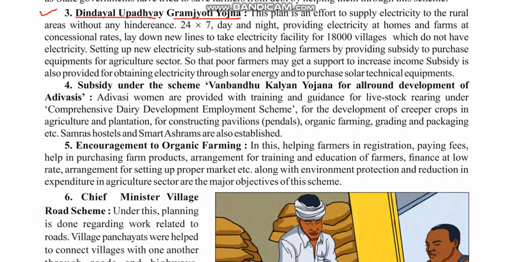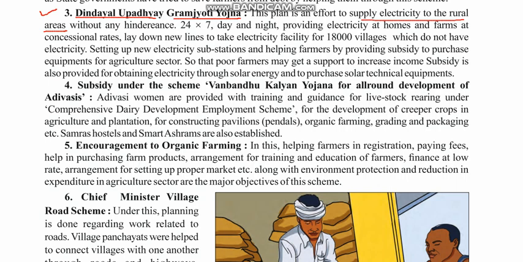There are many villages in India which are still not getting proper electricity connections, and a lot of states have compulsory and regular power cuts. So the government is planning under this scheme to connect as many villages as possible with the power grid, and to give them electricity 24/7. This plan is an effort to supply electricity to rural areas.